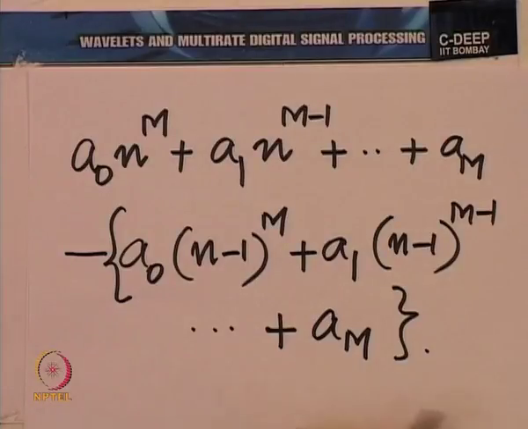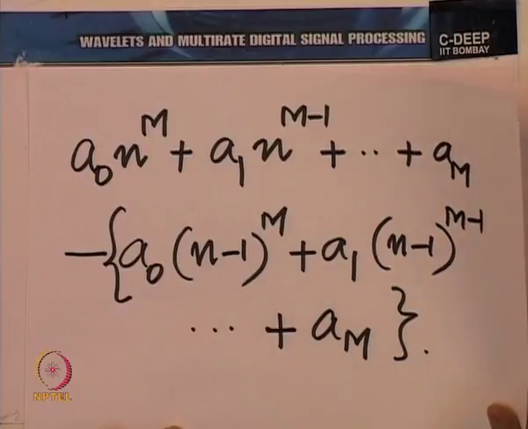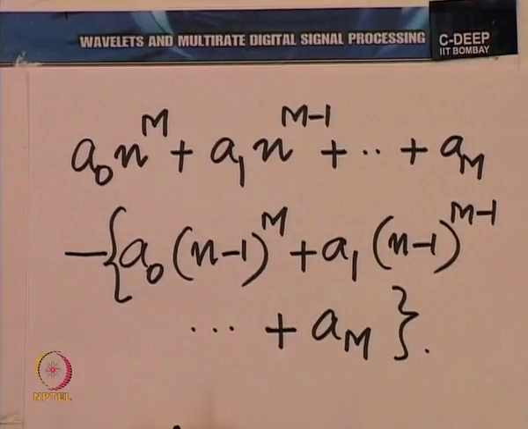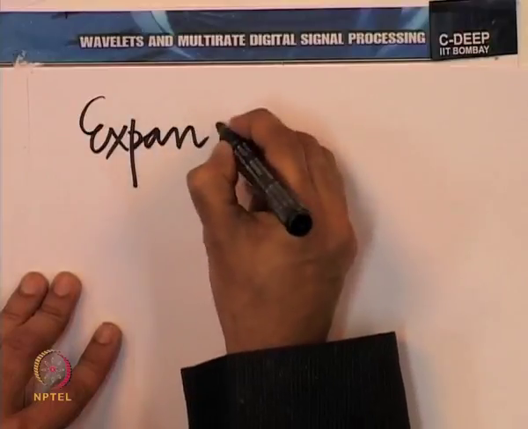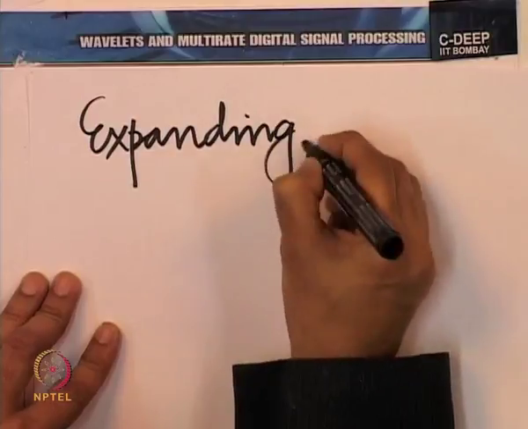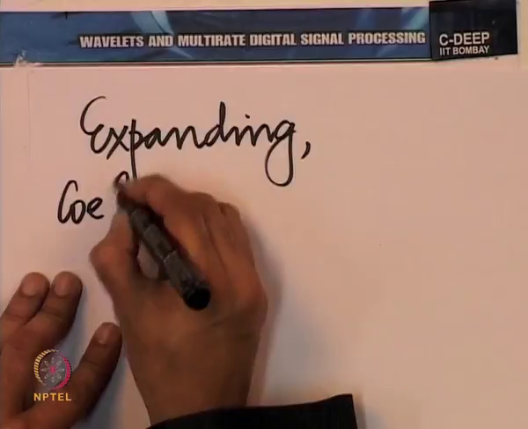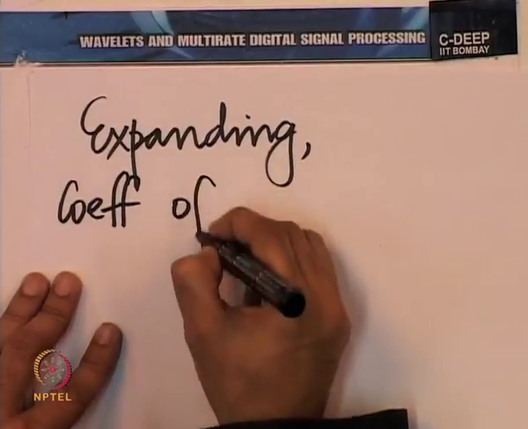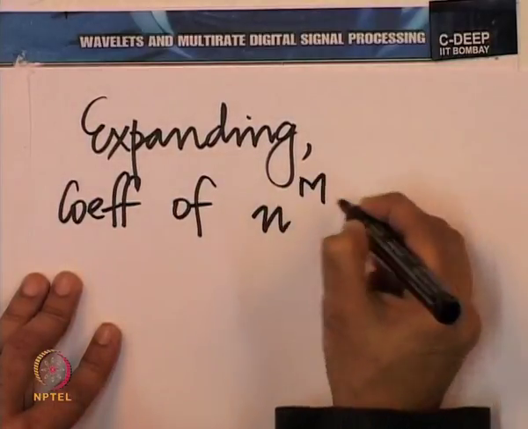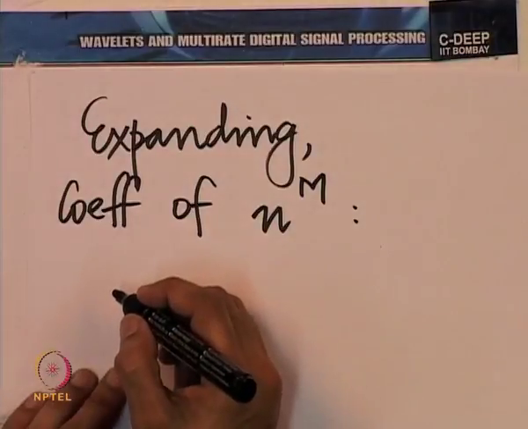Now, what is happening in this process? It is very clear that when we expand this, the coefficient of n to the power of m is easy to evaluate.